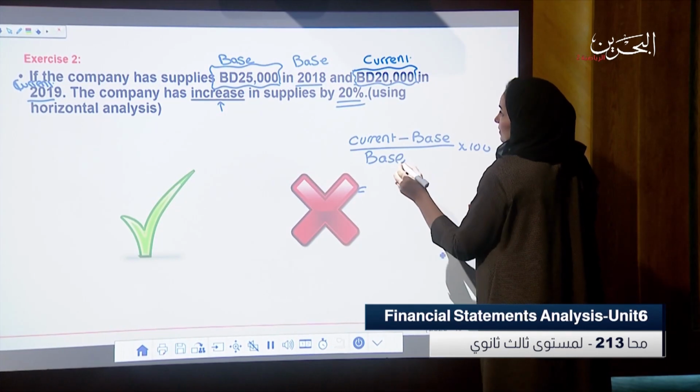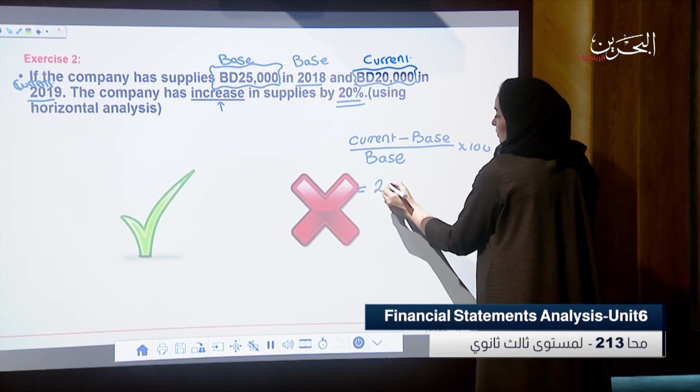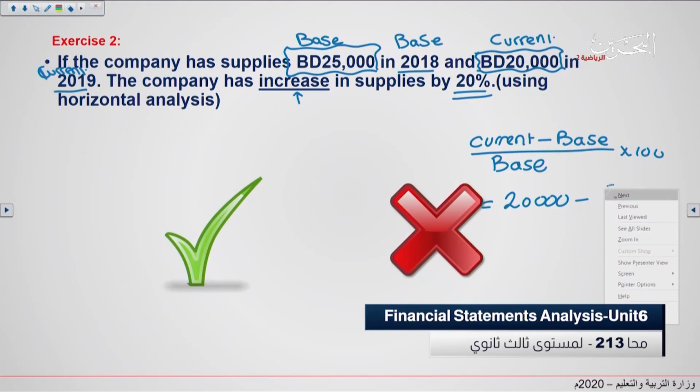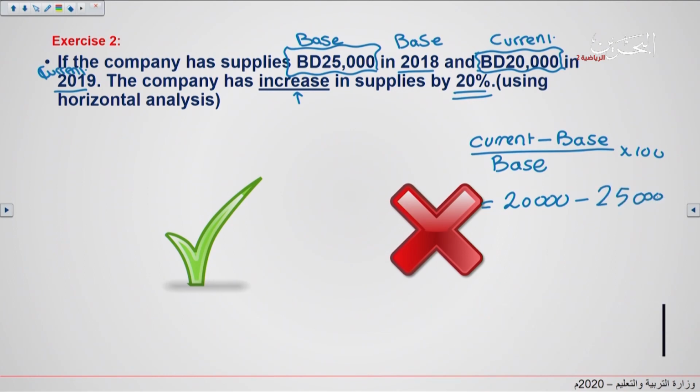The current is 20,000 minus the base amount of 25,000, divided by 25,000, and it will equal minus 20%.